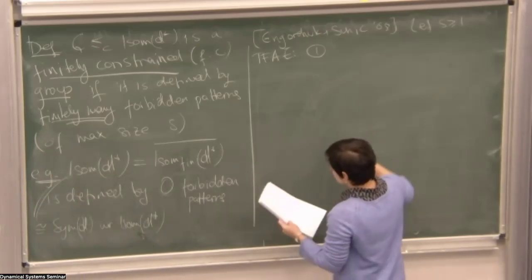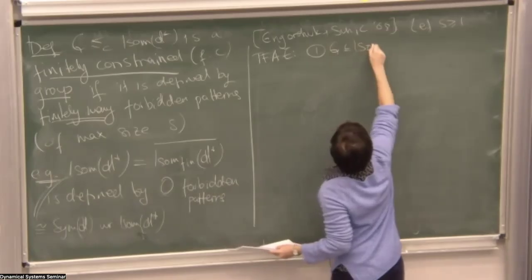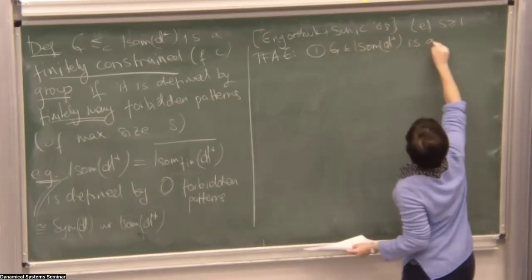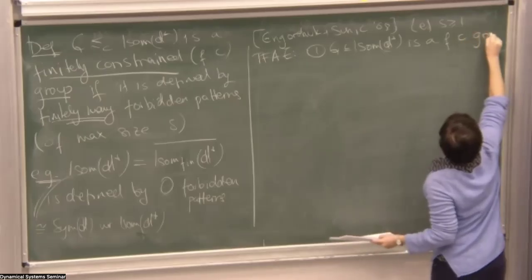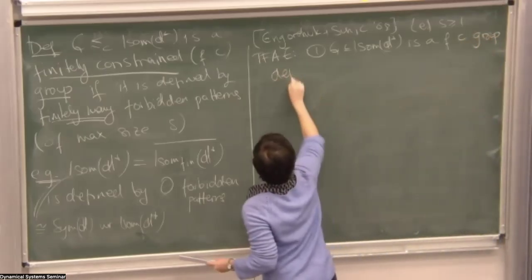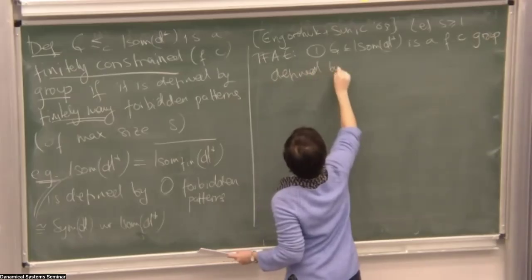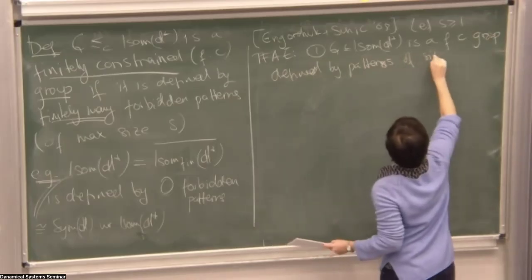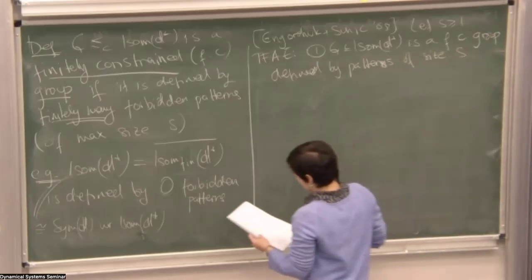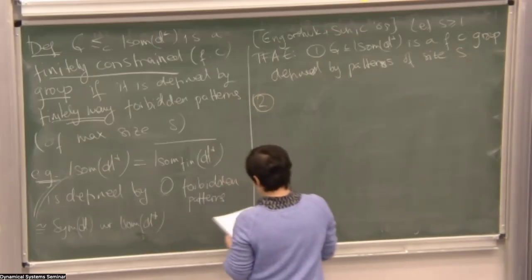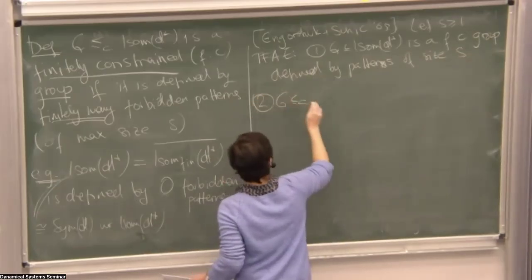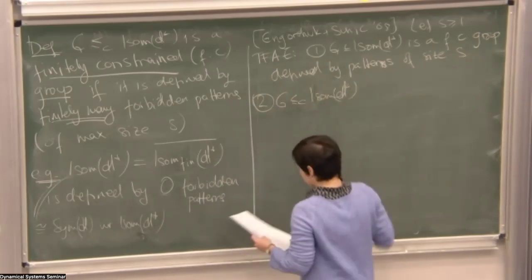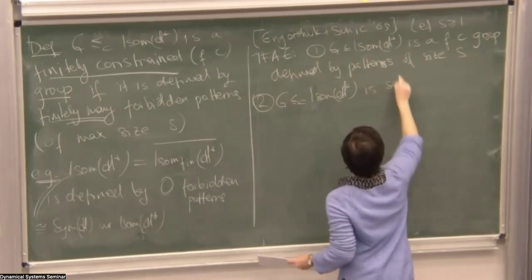So the following are equivalent. One: G, a subgroup of Isom D star, is a finitely constrained group defined by patterns of size S. This is equivalent to: G, a closed subgroup of Isom D star, is self-similar.